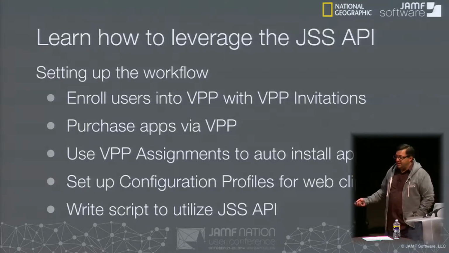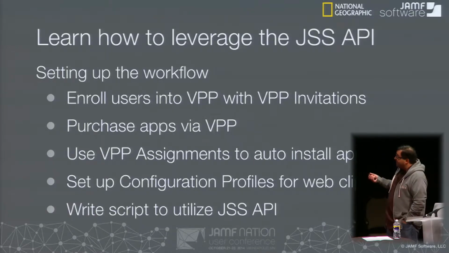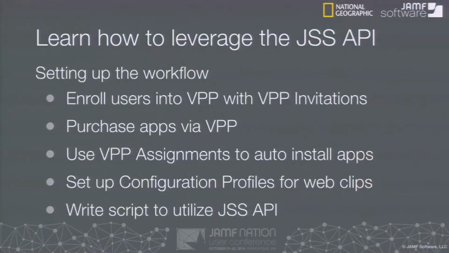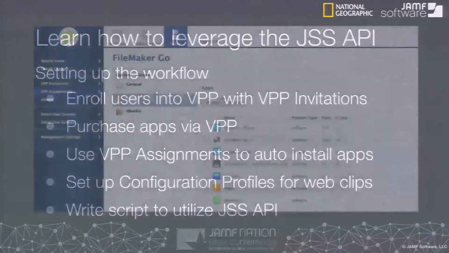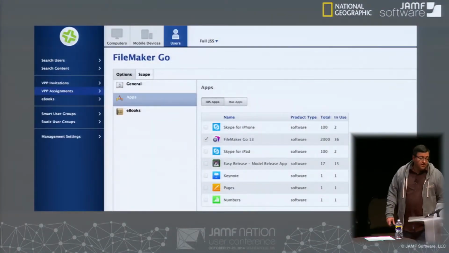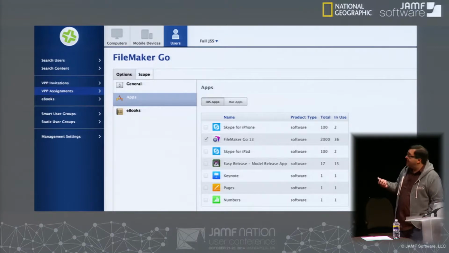And then we set up the configuration profiles for the web clips, and then we wrote the script for utilizing the API. In this example screenshot, this is for the FileMaker Go iOS VPP app assignment.